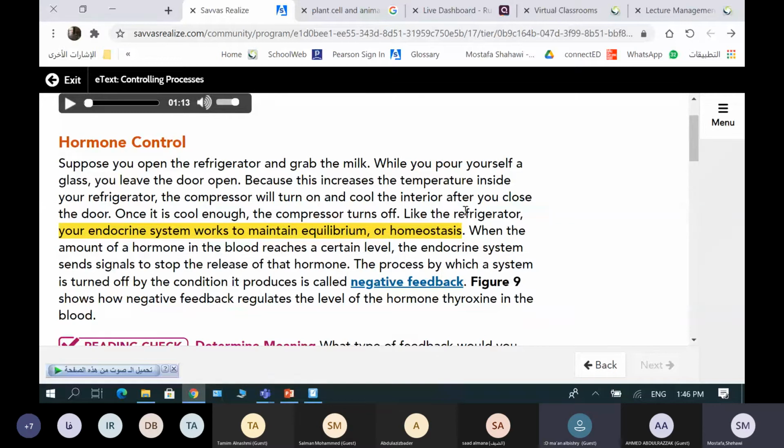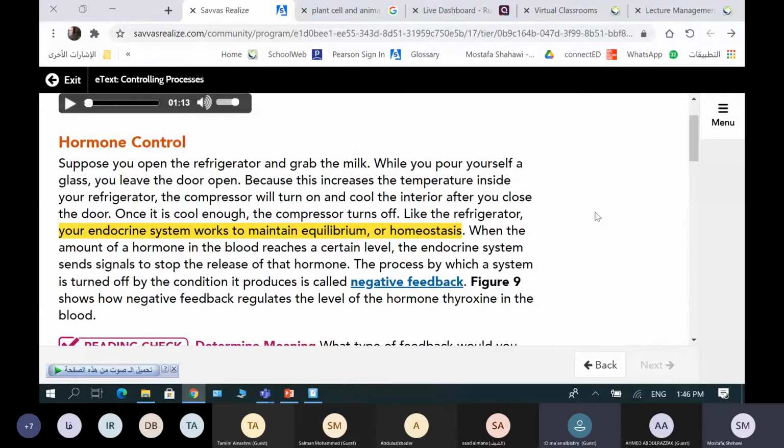Suppose you open the refrigerator and grab the milk. Will you pour yourself a glass? You leave the door open, and this increases the temperature inside your refrigerator. The compressor will turn on and cool the interior after you close the door. Once it is cool enough, the compressor turns off. Like the refrigerator, your endocrine system works to maintain equilibrium, or homeostasis.